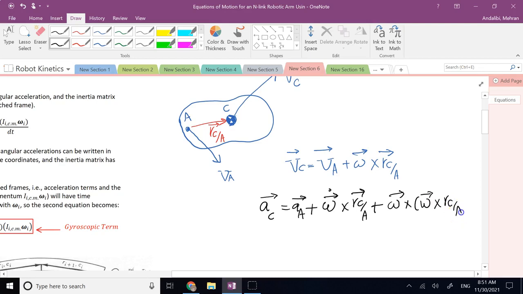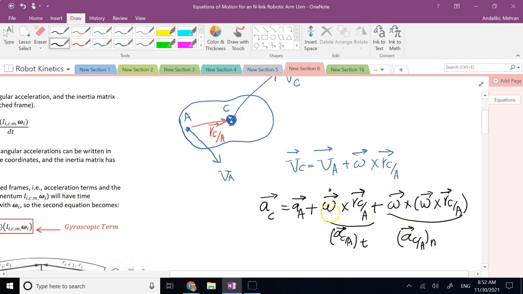R of C with respect to A, where this is called the relative centripetal acceleration and this is called the relative tangential. So this is called A of C with respect to A tangential, and this guy is called A of C with respect to A normal or centripetal.